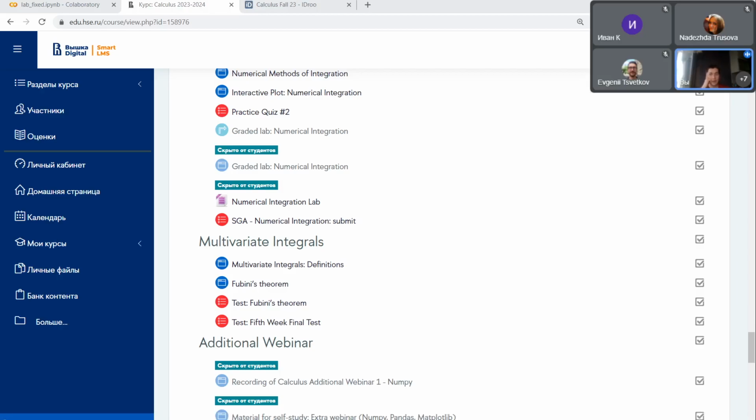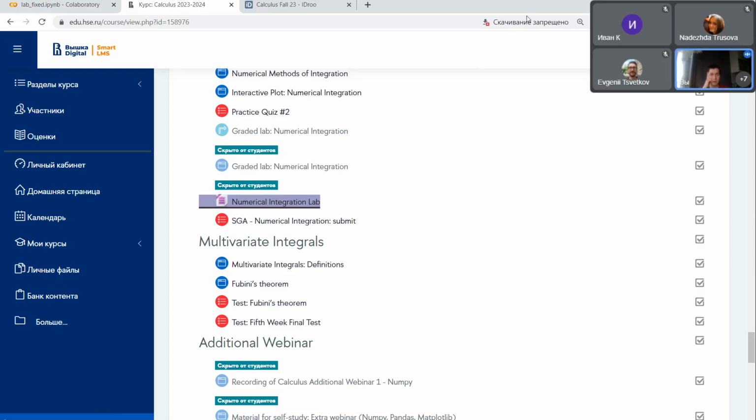Maybe you haven't seen the opened folder. One second, please. You can press Numerical Integration Lab right now.